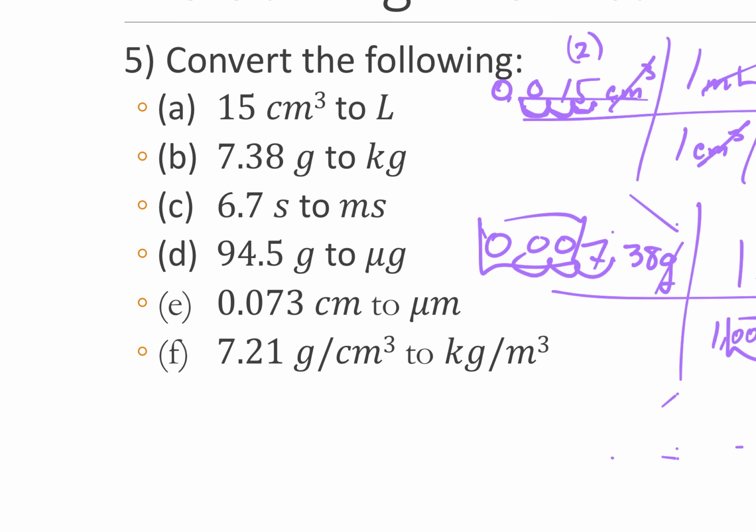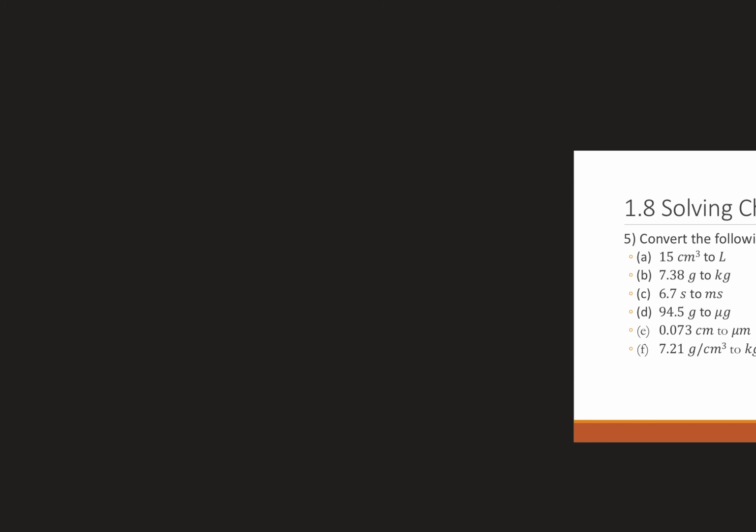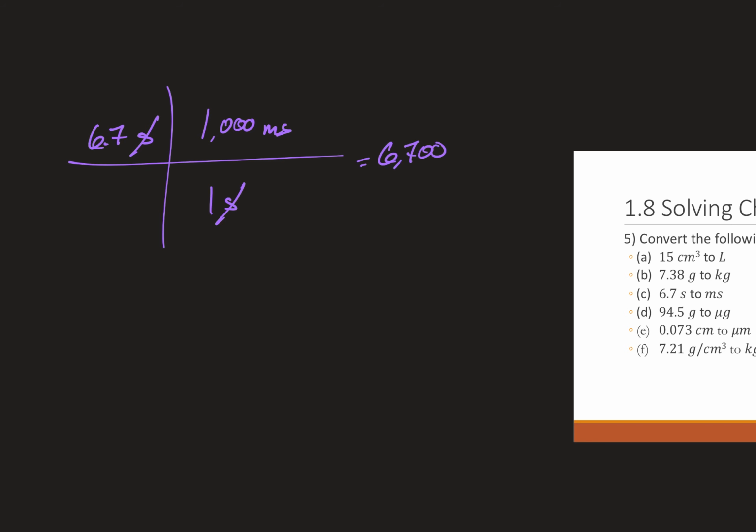Next one, 6.7 seconds to milliseconds. Starting off with seconds, you have 1 second is 1,000 milliseconds. Seconds cancel. And now 6 times 1,000 is 6,000. 0.7 thousandths would be 700, so 6,700 milliseconds. So here you're adding 3 to the right. Let me do that. 6.7. 1, 2, 3. Those go there.